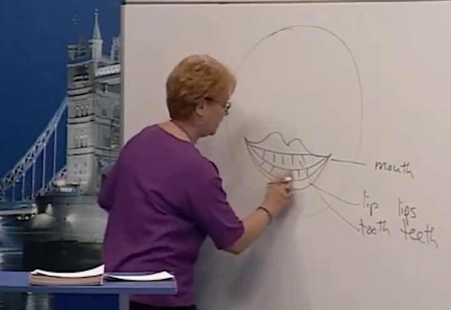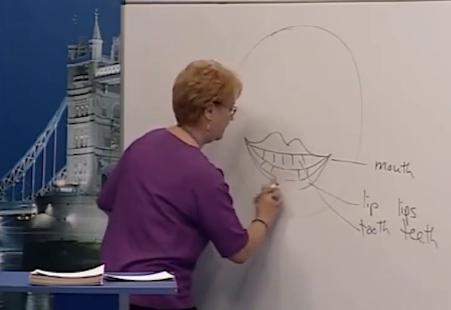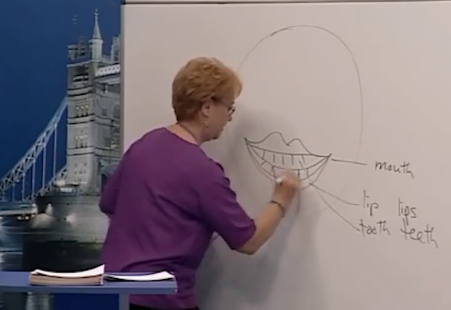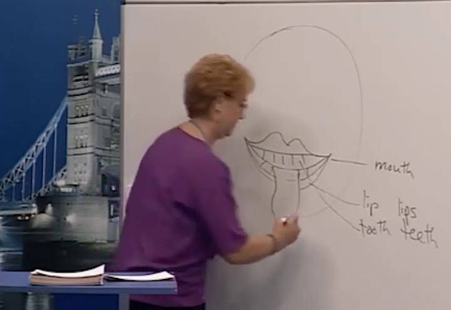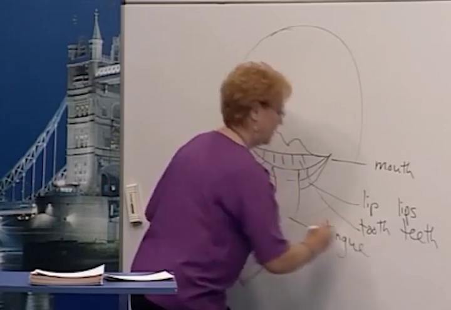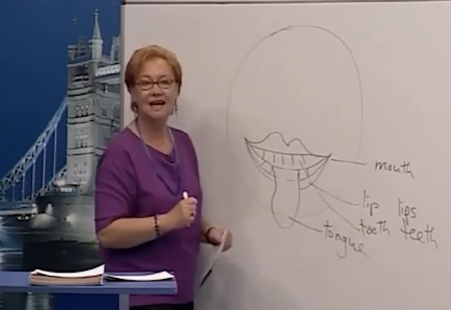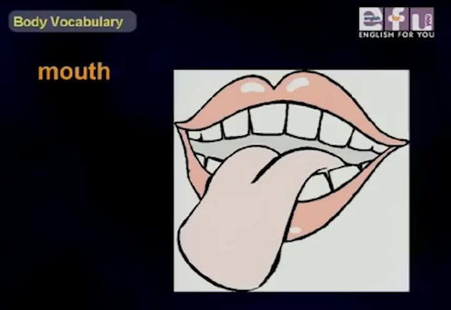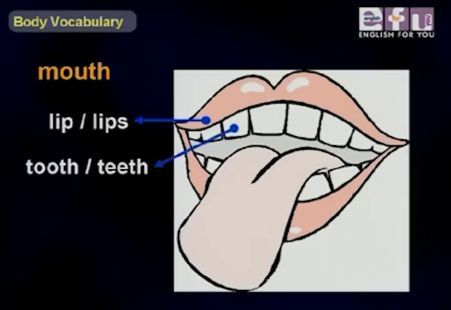And then finally, we have the tongue. The tongue. All right? So for the mouth, we have lip, lips, tooth, teeth, and tongue.